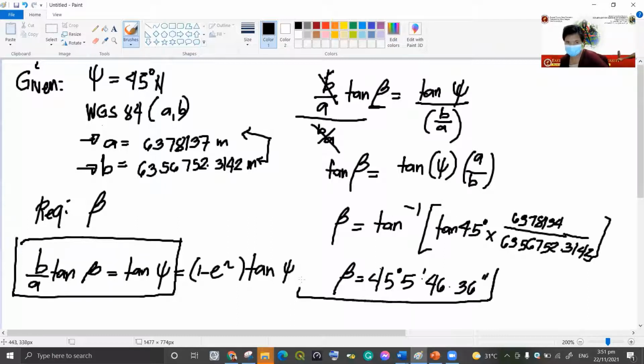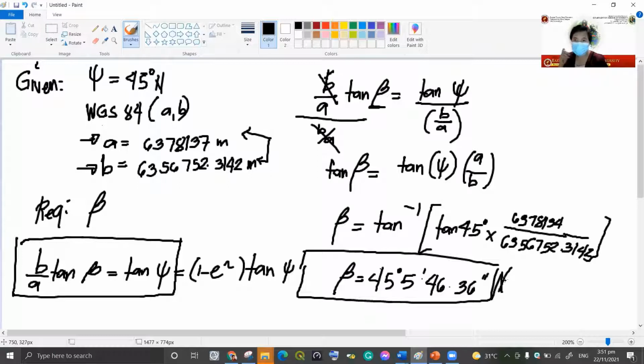So this is now the value of the reduced latitude, which corresponds to the geocentric latitude of 45 degrees north. Since this is a latitude, don't forget to write the direction, which is north: 45 degrees, 5 minutes, 46.36 seconds north.